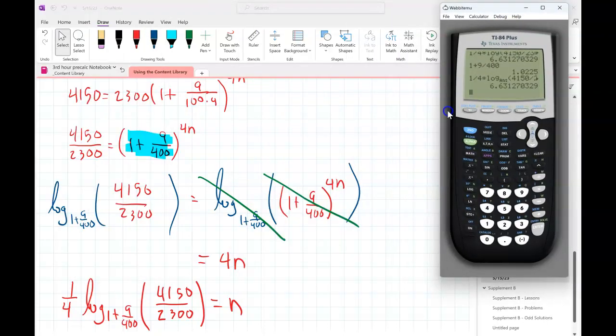So that's a helpful tip to know before we get to the test, that for whatever reason, the calculator doesn't know what to do with that.